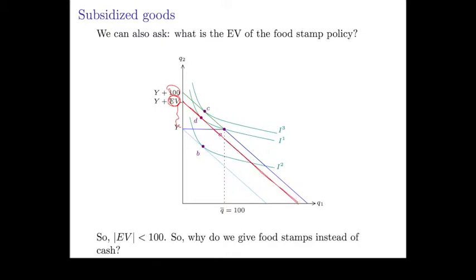And so what is the amount we would need to give you to bring you to the same indifference curve, I1, that A is on, so that you pick the bundle D? We could calculate that number, and we would see that that EV is less than $100. So if the goal is to bring your utility level up to the utility level that you get from A, then the cheaper way to do that is to just give you EV dollars in cash than to give you $100 in food stamps.